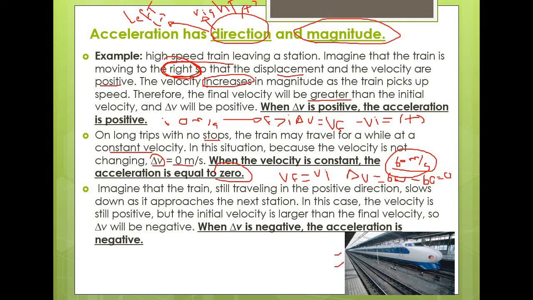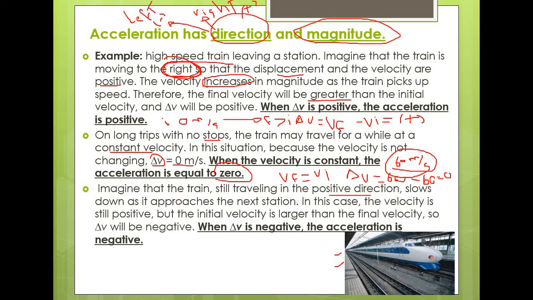Another situation: imagine that the train, still traveling in a positive direction, slows down as it approaches the next station. When the train reaches the next station, what happens? The train starts to decrease its velocity.